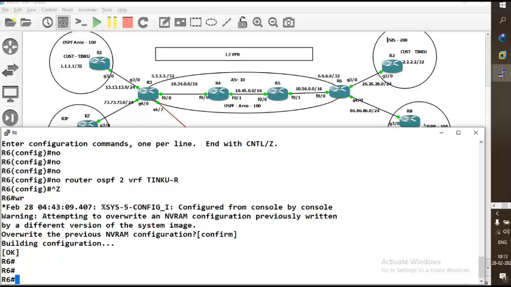Whenever you have dual homing or multi-homing, you will have BGP. Is there a dual home or multi-home between R1 and R3? No. Then why do you need BGP? In those cases, a static route will do.